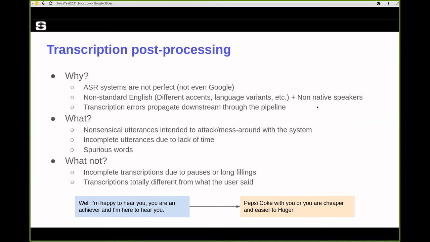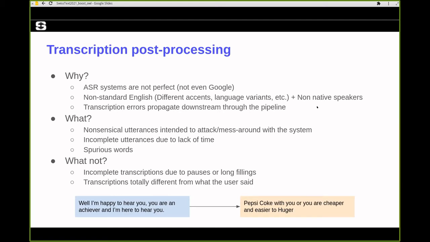Second, we are dealing with incomplete utterances due to the lack of time, because there is a predefined time when the user can speak and give his utterance. So if the time runs out, the utterance can be broken. And also we're exploring how to deal with spurious word corrections, which means words that were misunderstood by the ASR.